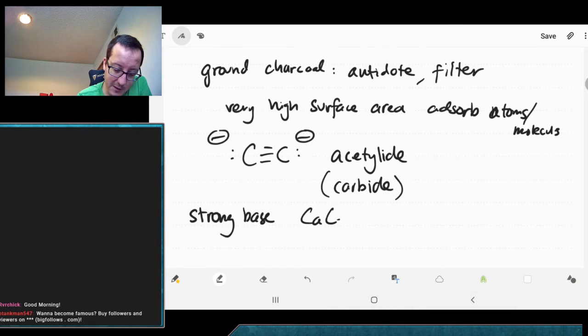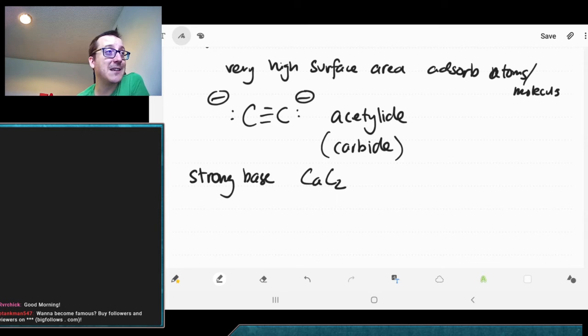Typically, this is formed with calcium. Calcium carbide is a good base. It'll react strongly with water or anything that is around it that can react as an acid. So it's another base that we have here. We talked about oxyacetylene torches already. Acetylene would have hydrogens instead of those lone pairs. And so we've got that.